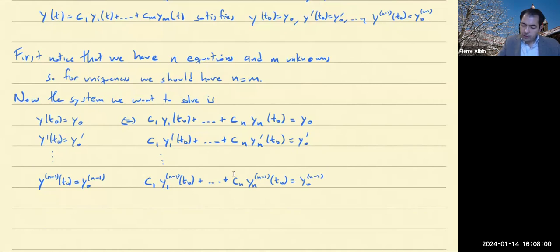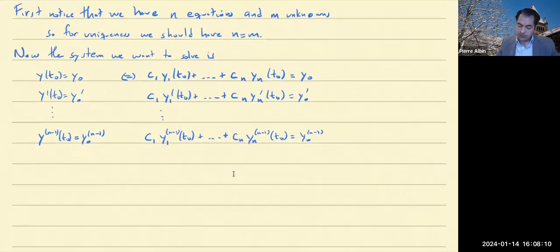Okay, so the system of equations we want to solve, if you write it out in terms of our functions y1 through yn, becomes this.